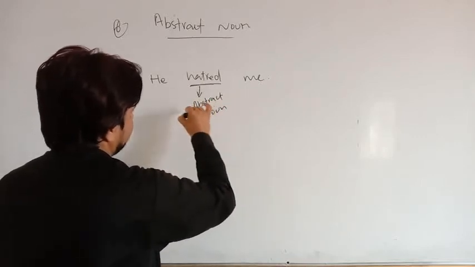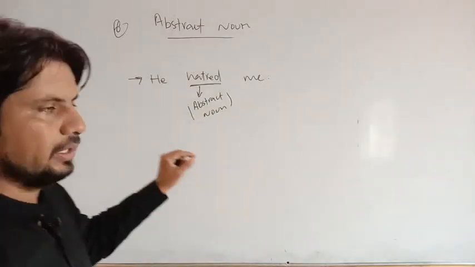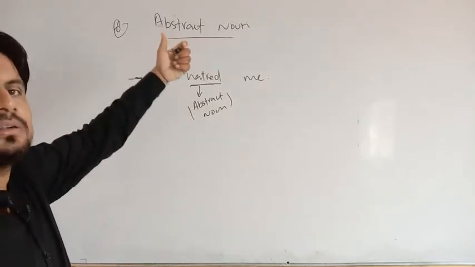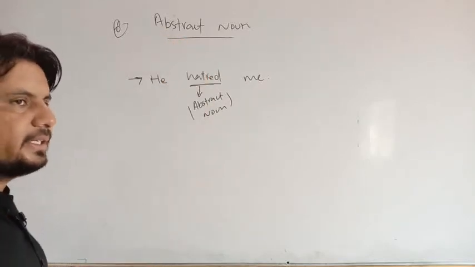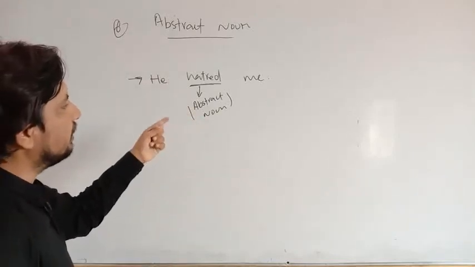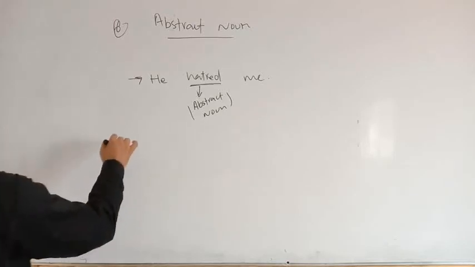When you are asked about noun, here you are not going to take hatred as a verb. You are going to indicate hatred as a noun. And what type of noun is it? It is an abstract noun.